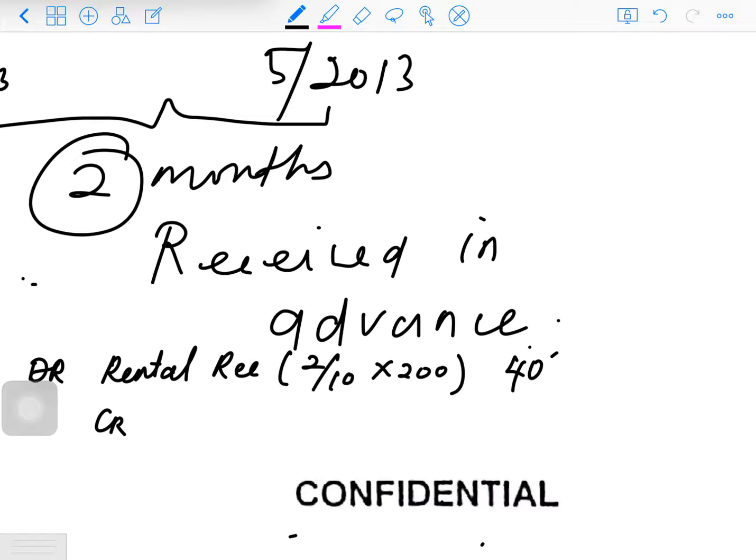Credit rental received in advance. This is under your financial position, 40.